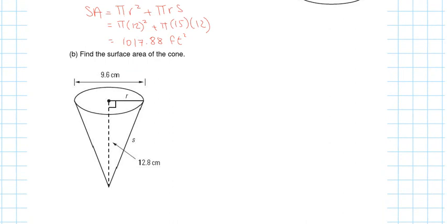So before I start with the formula of the surface area of the cone, I have to first find the radius, which is half of the diameter. And then, because I don't have the slanted height, I have to use the Pythagorean theorem to find the slanted height. Okay? I know the radius is 4.8, and then the height is 12.8, so I'm going to use the Pythagorean theorem to find the slanted height.